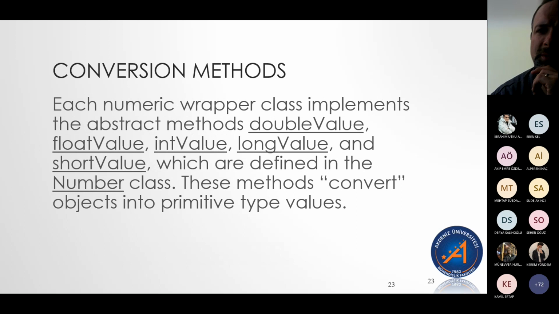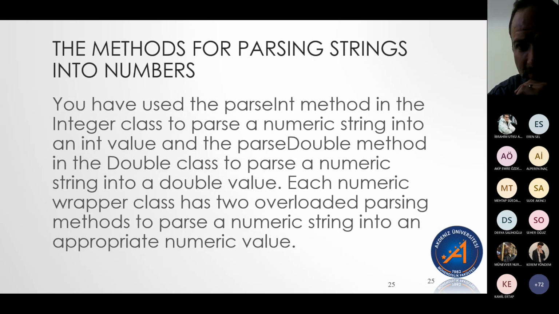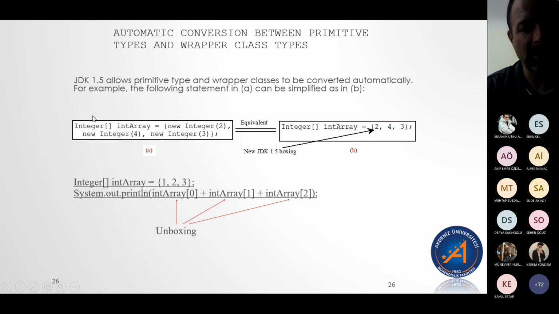This is all stuff for the wrapper classes still. So we'll end here on this slide. One of the things that's nice about these wrapper classes is that the conversion between the primitive type and the wrapper class type is done automatically. If I wanted to create an Integer array, notice this is not an int array, it's an Integer array of the class type, using three Integer objects, I could write it like this.